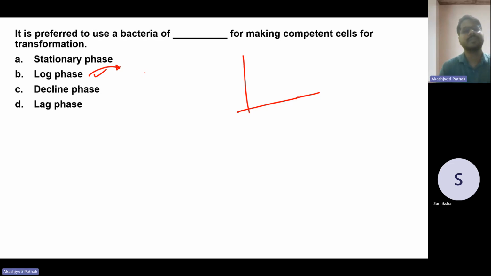So if you take bacteria from the log phase, then it can handle such types of stresses basically. Okay.